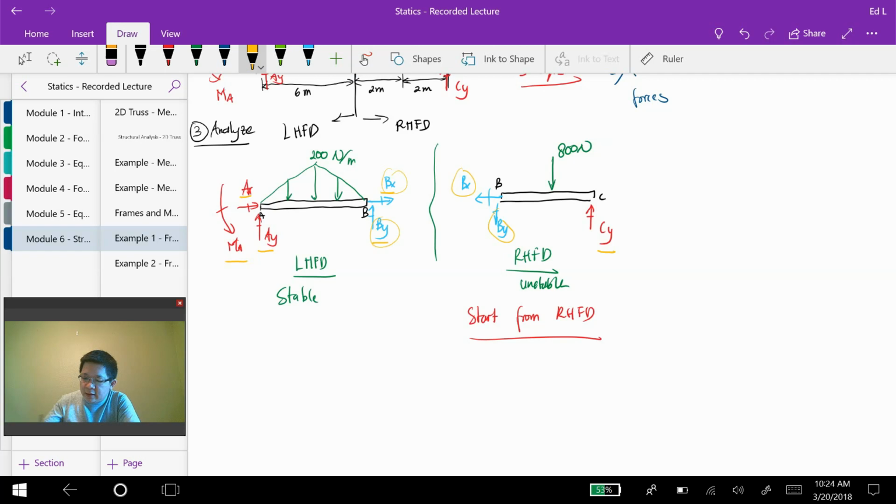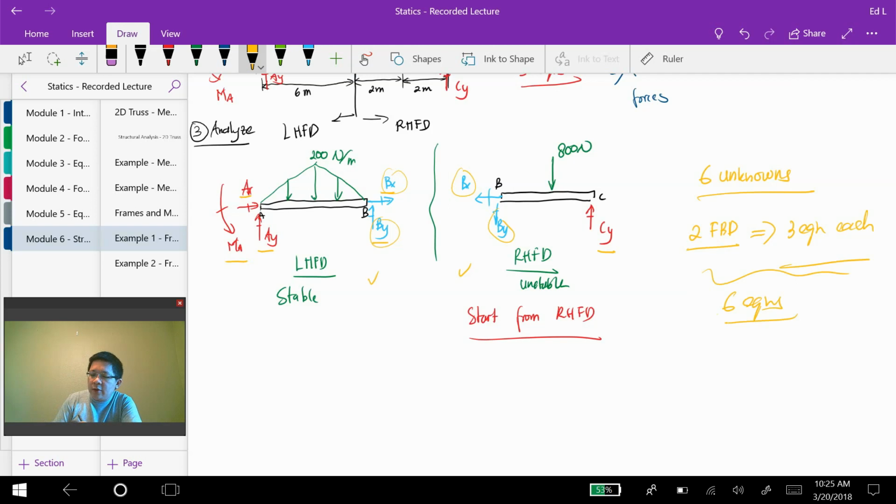So we have 6 unknowns, and we have 2 free body diagrams, with 3 equations each. So in total we have 6 equations, so we should be able to solve for all of these unknowns.